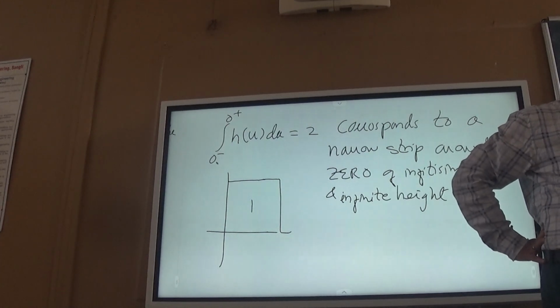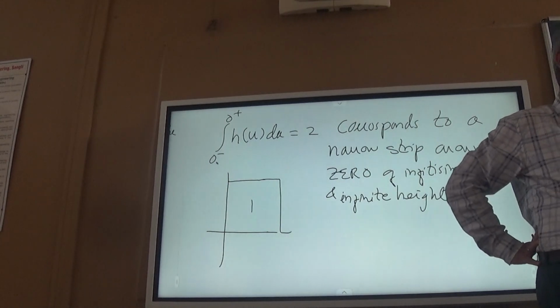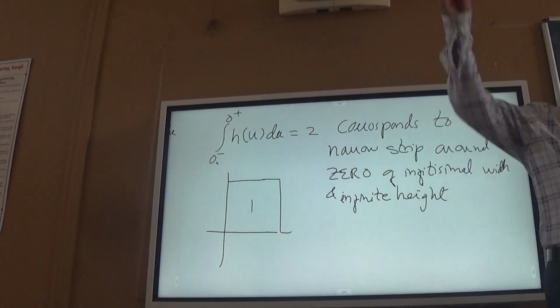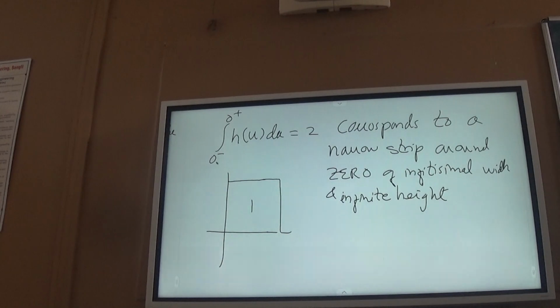So I do this continuously. What will happen? What would be the ultimate limit? What would be the width after infinite iterations? The width will not become zero, it would be infinitesimally small. What would be the height? Infinitely large.